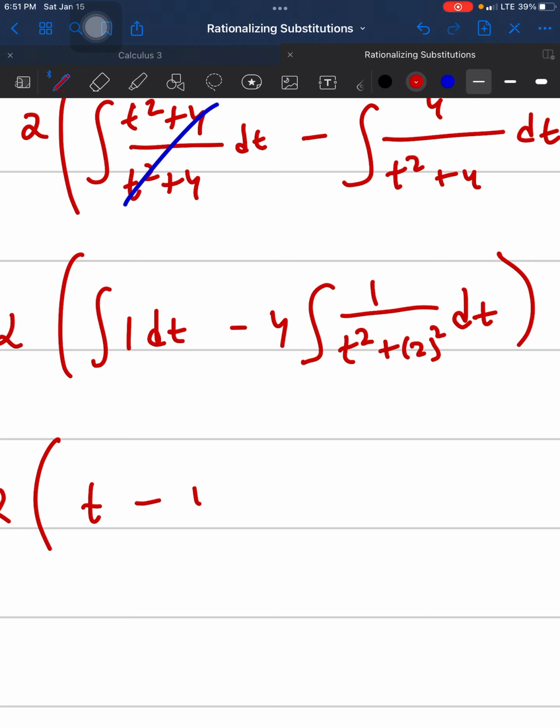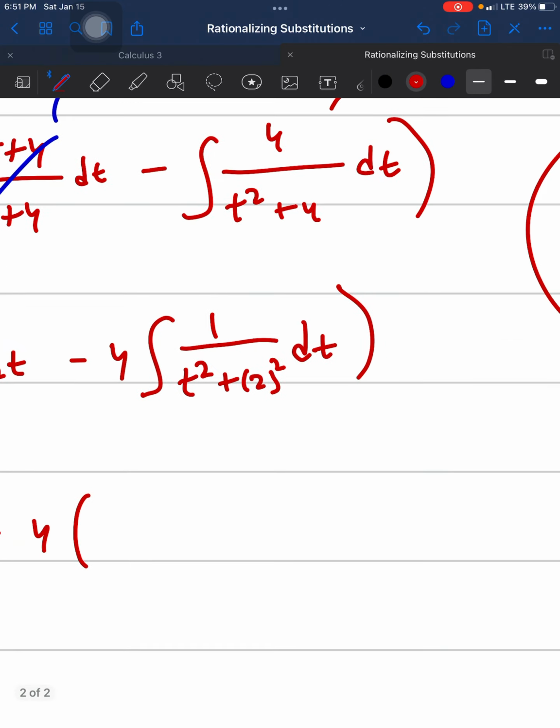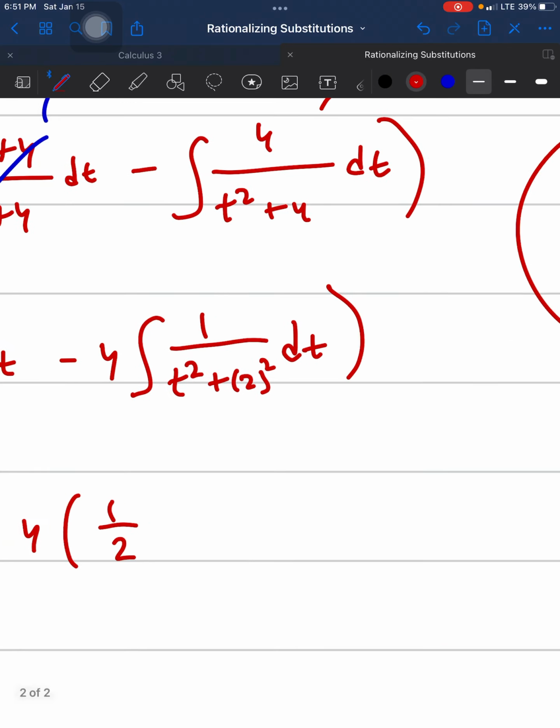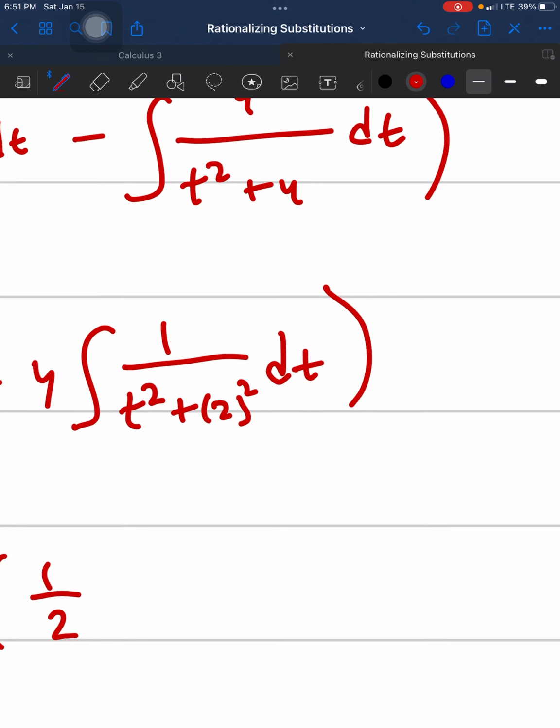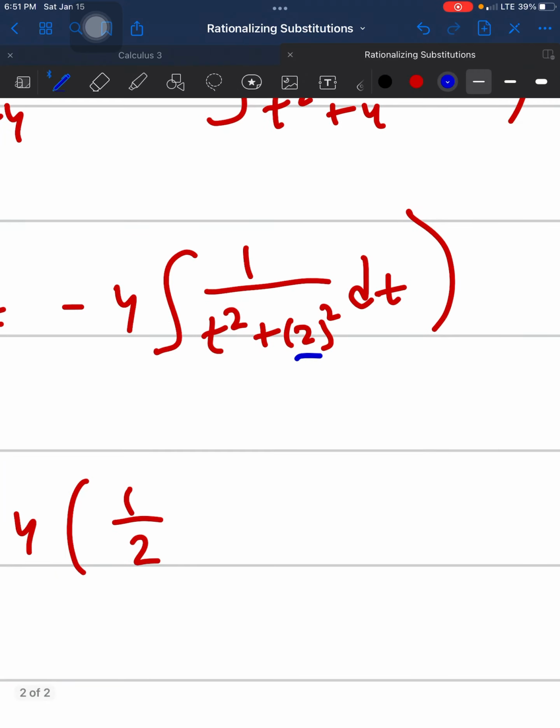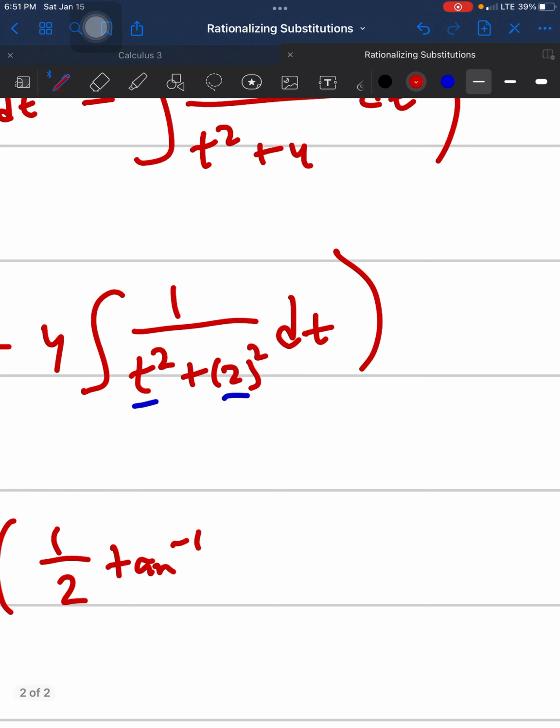The integral of this entire thing right here is going to be, we said 1 over a, so a in this case is 2, and the x part is just t. So 1/2 tan inverse, and we know it's x over a, so it's t over 2.